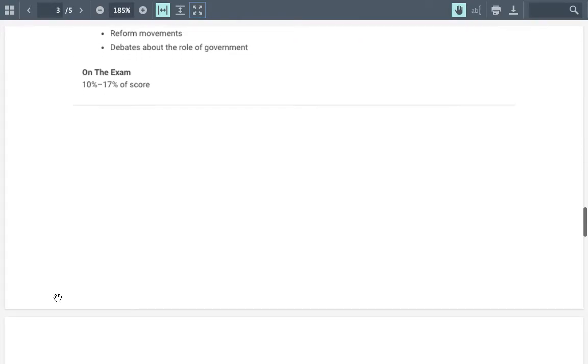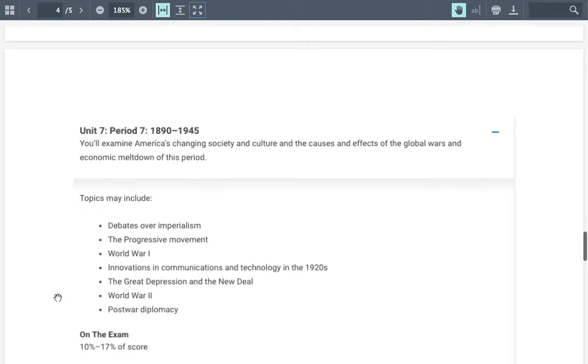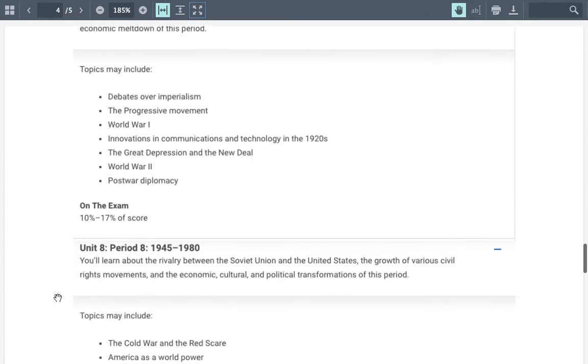of your score. And then Unit 7 is Period 7, 1890 to 1945. This is debates over imperialism, World Wars I and II, 10 to 17% of your score. Unit 8, 1945 to 1980.